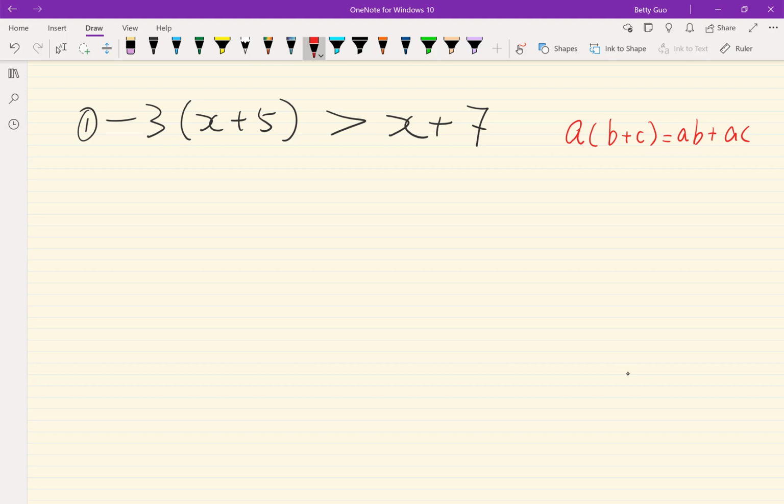Hold on here. When you move x over, you need a negative x. The x on the right side goes to the left side. Yeah, or you can use your method, minus x from both sides.